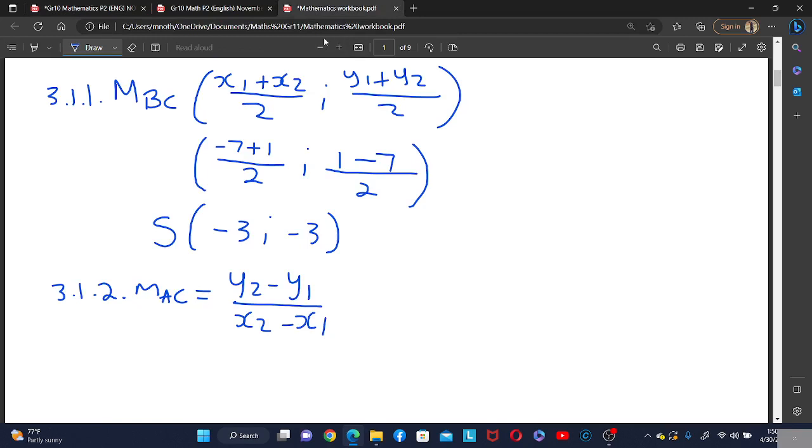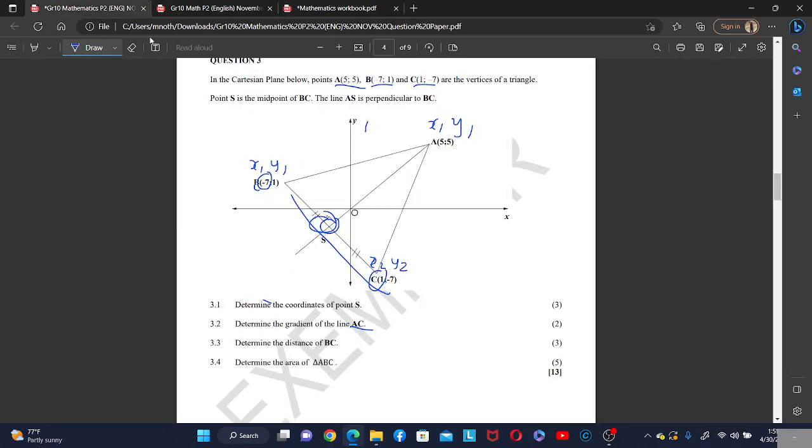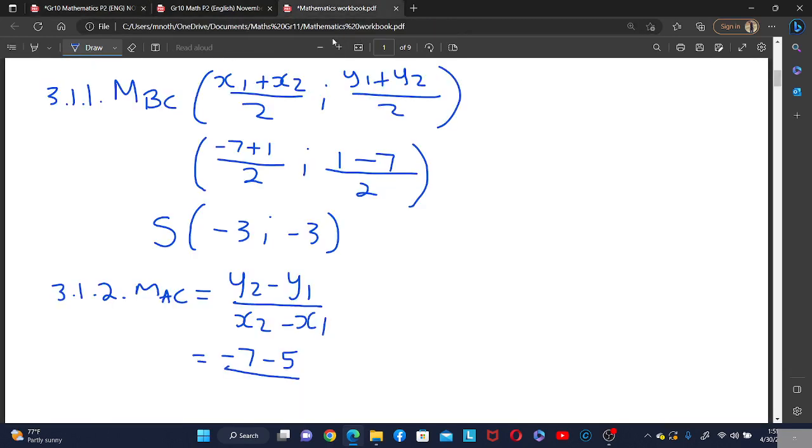So it's -7 minus 5 all over x2, which is 1, minus x1, which is 5.